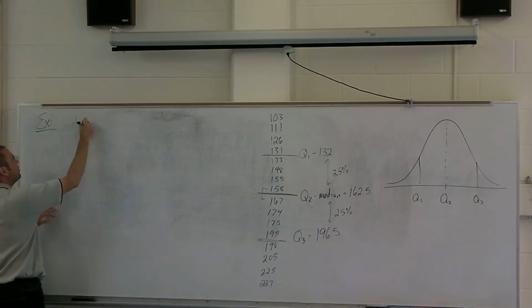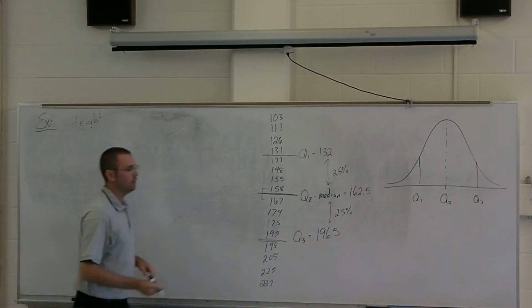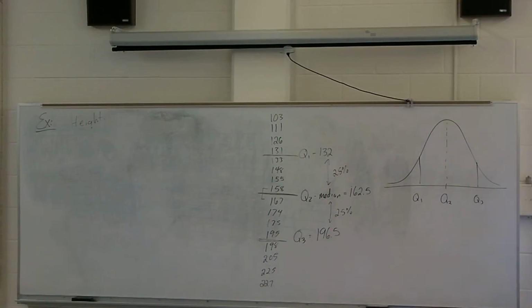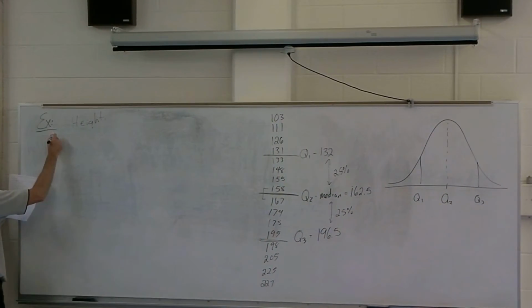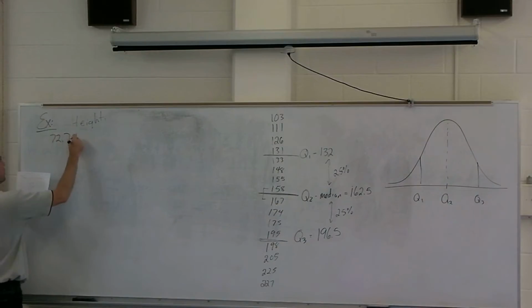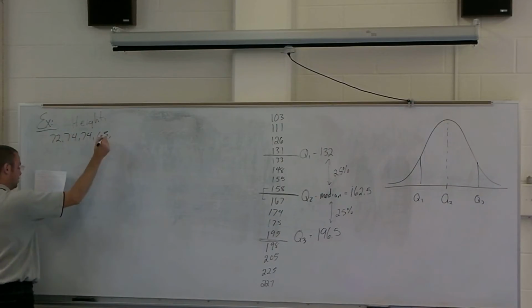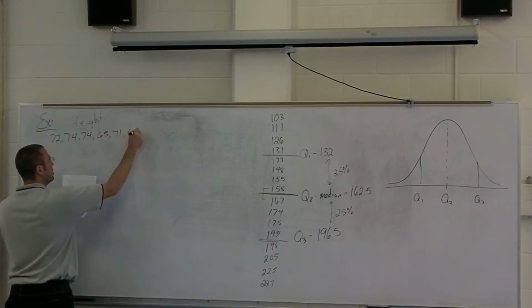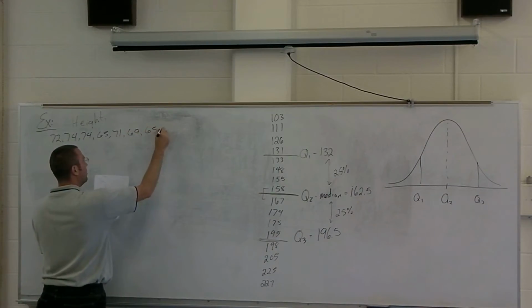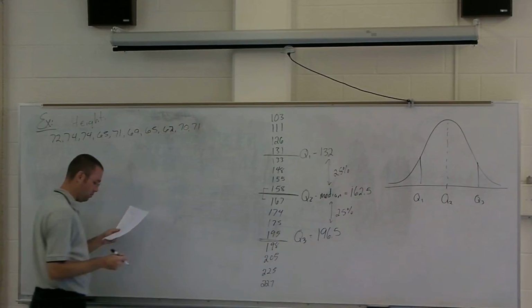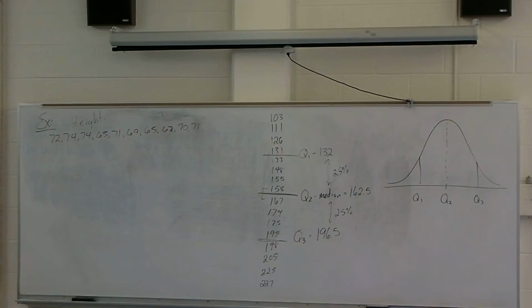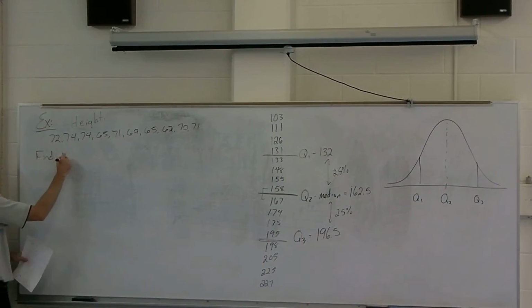This time we're looking at heights, not of people in this class, but of a basketball team I was on some time ago. Heights: 72 inches, 74, 74, 65, 71, 69, 65, 62, 70, and 71. So here again, I want to find the quartiles, and I want to describe the distribution.